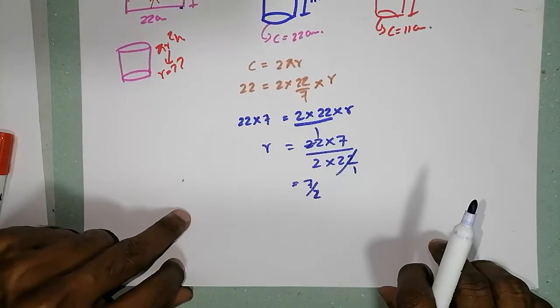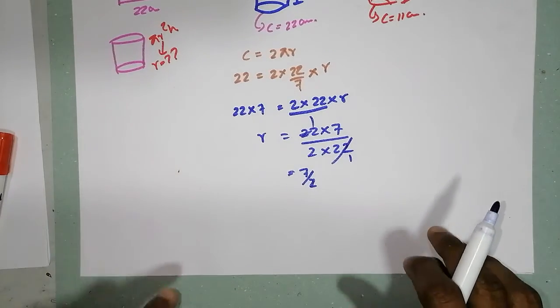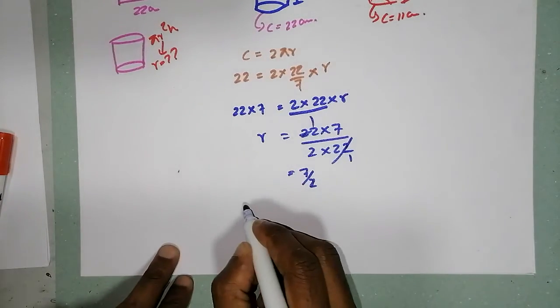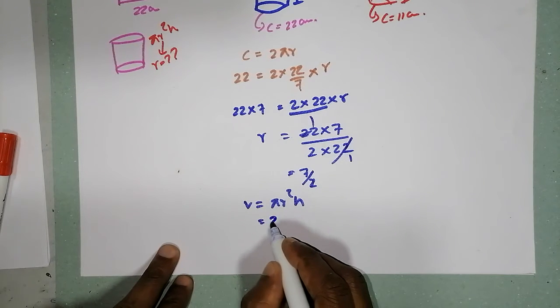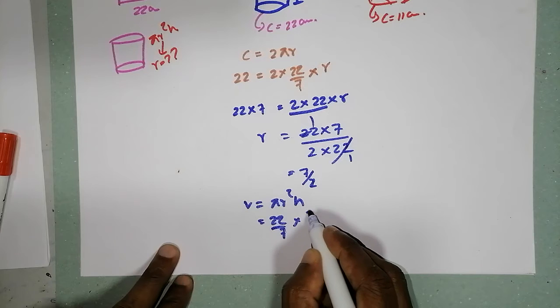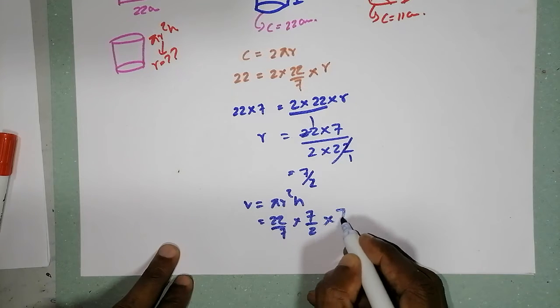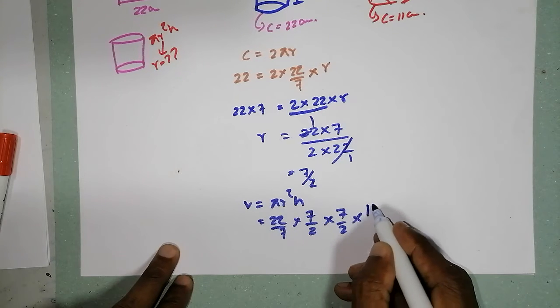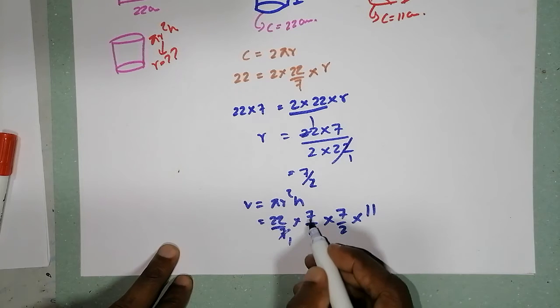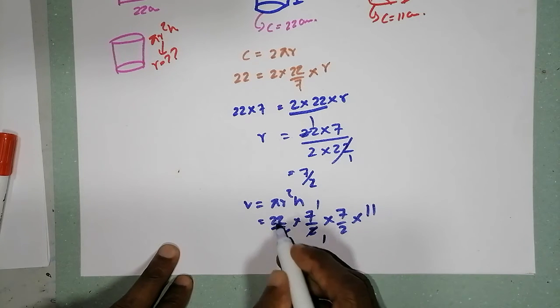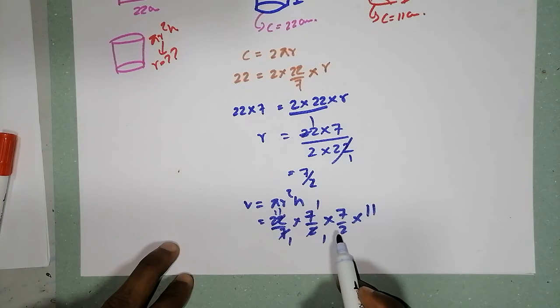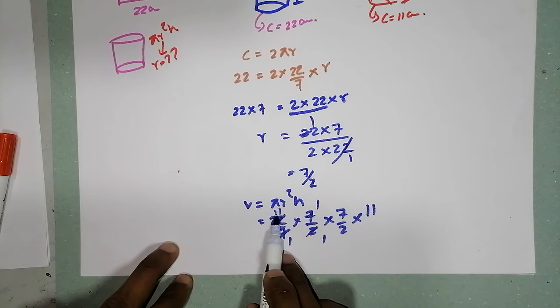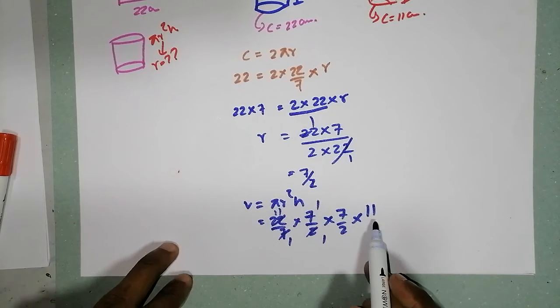Let's find the volume of this first cylinder. Its volume equals pi r squared h. So 22 over 7, the radius is 7 over 2 and 7 over 2, and the height is 11. 7 times 1, 7 times 1, 2 times 1, 2 times 11. On the denominator we have 2, so we can divide 11, 7 and 11.